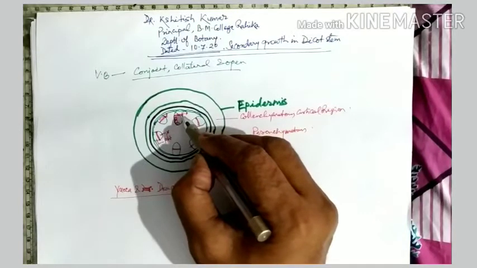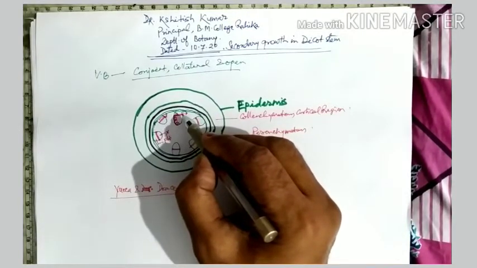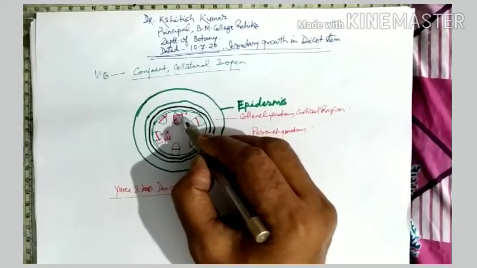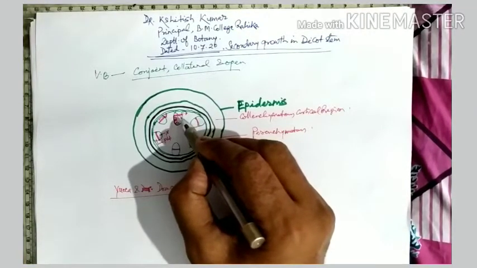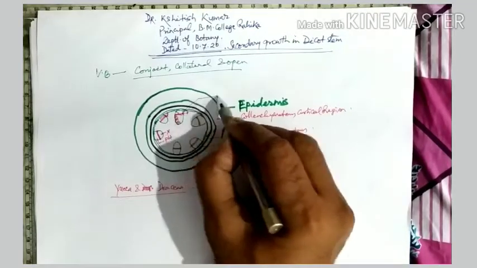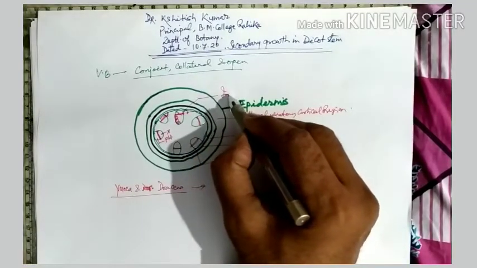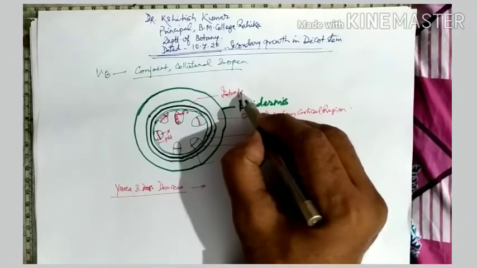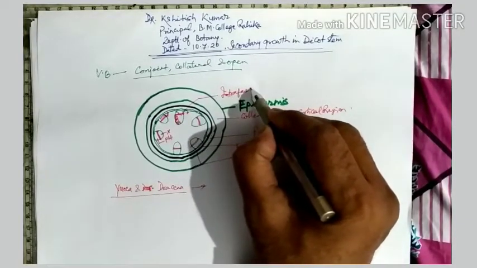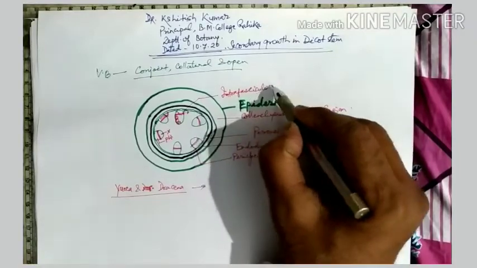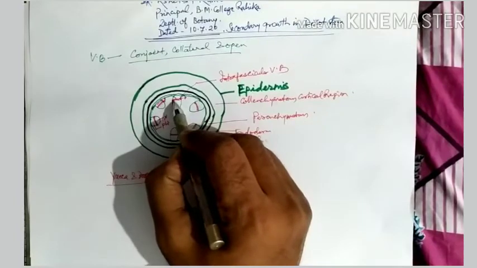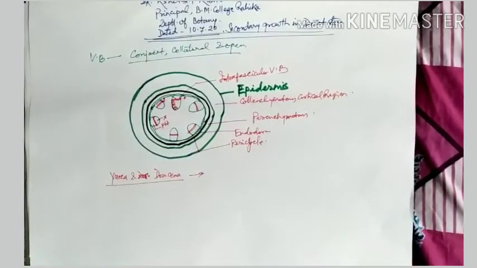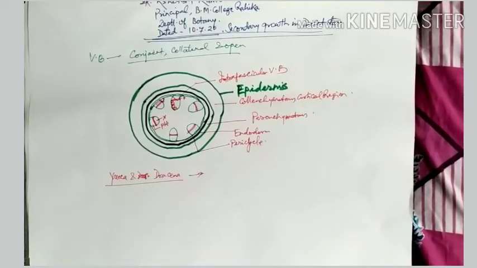This cambium which is in the vascular bundle is called intrafascicular cambium. The strip of cambium which is found in the vascular bundle is known as intrafascicular cambium.